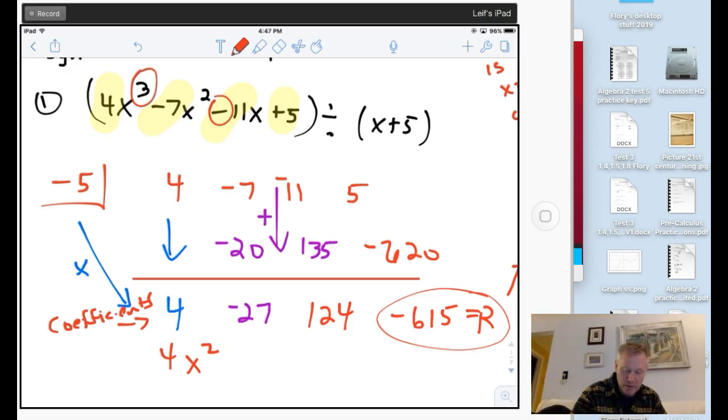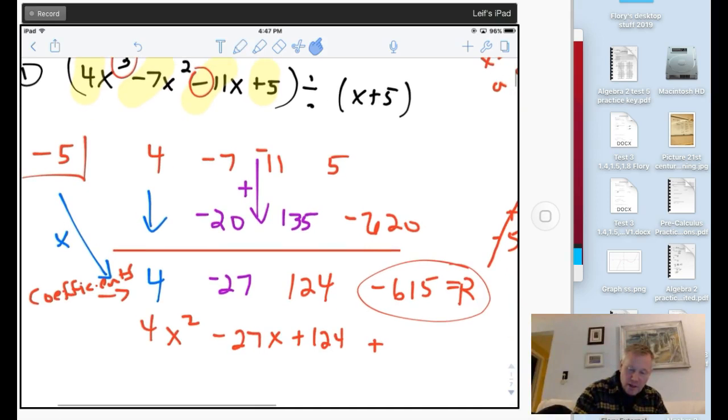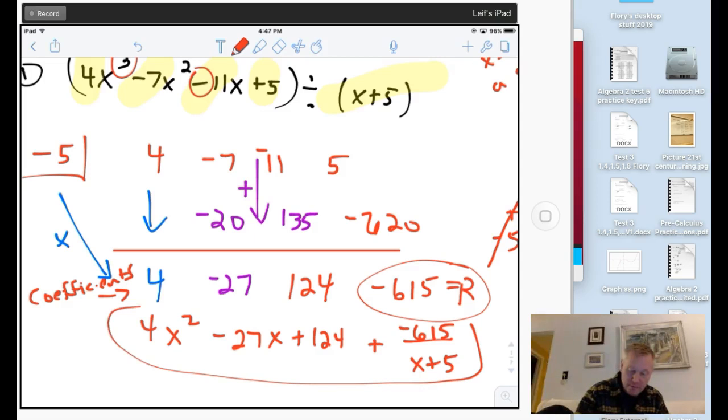So this is 4x squared minus 27x plus 124, and then it's plus, and I keep that x plus 5 over here, and that always goes in the bottom of the fraction, and in the top of the fraction goes the remainder, negative 615. That's the correct way to write your answer, okay, so please write it like that. Just saying the remainder is negative 615 isn't quite enough. All right, so that's how you do synthetic division.